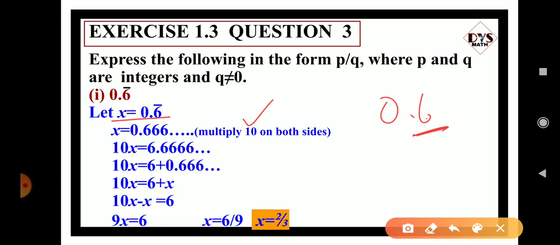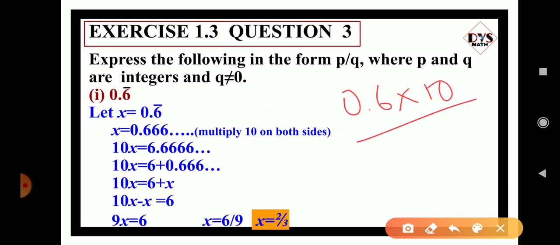Now multiplying by 10 on both sides, because after the decimal point we have only one digit, 6, repeating. 10 into x is 10x, and 10 into 0.666 is 6.666. 10 sixes are 60, and the decimal point shifts.